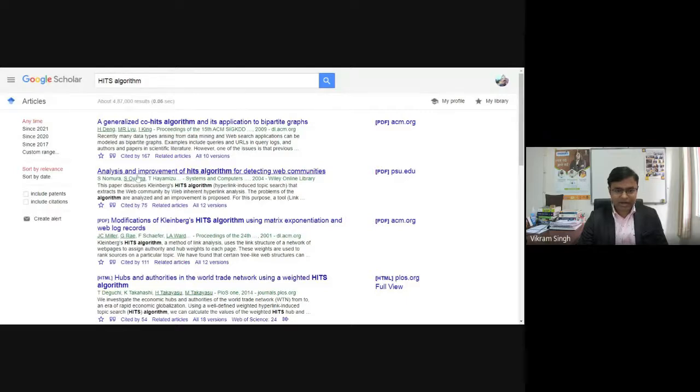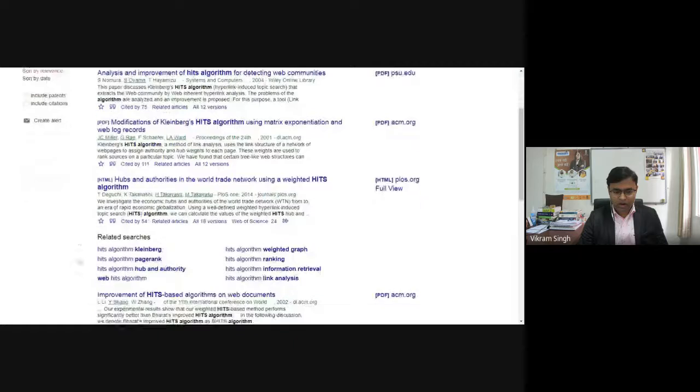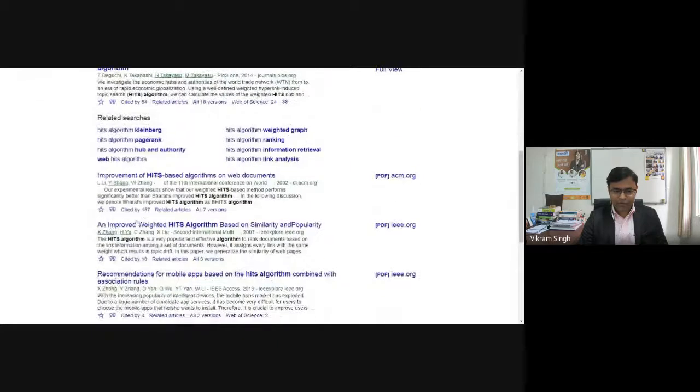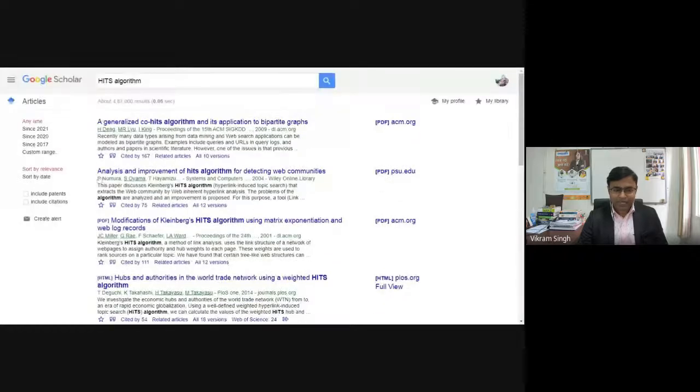Similarly, for the second article, it is 75. For this, it is 111. For this, it is 54. This is 157. So if you consider that a research article with the highest number of citations can be considered as the authoritative paper.